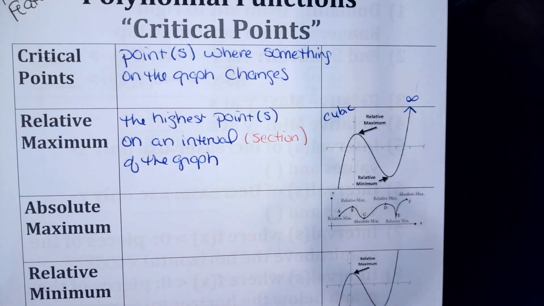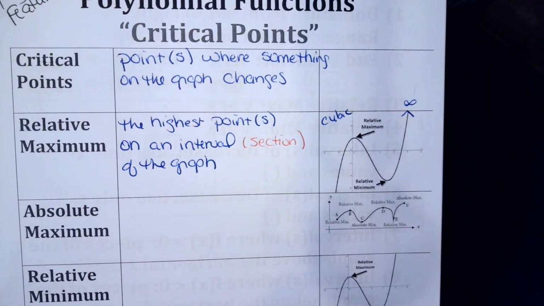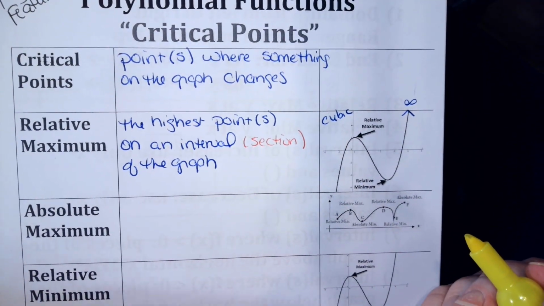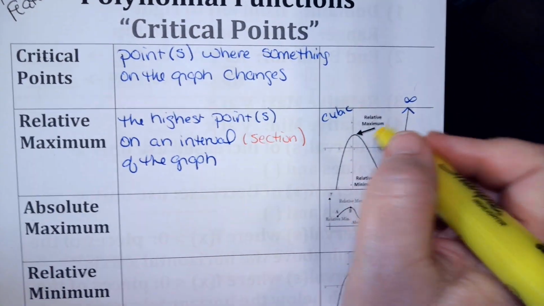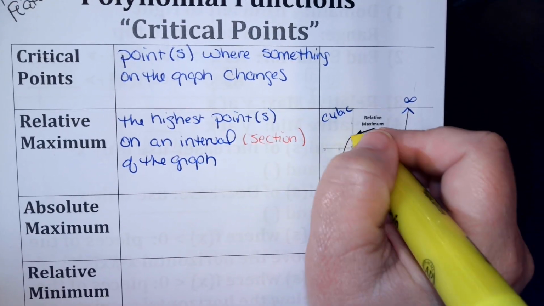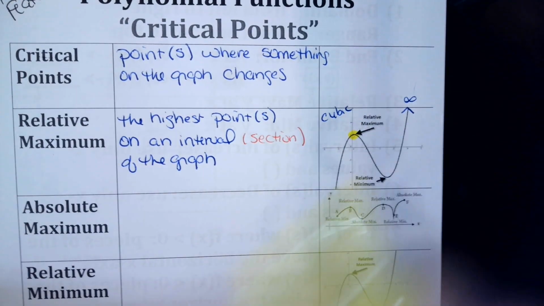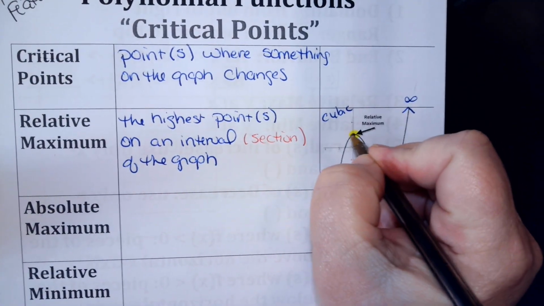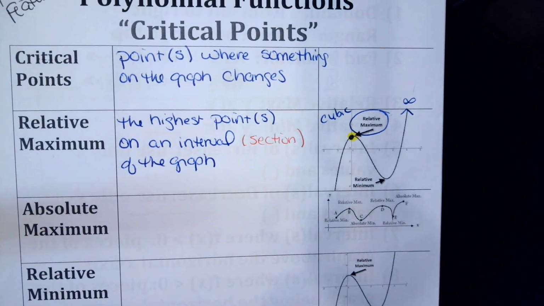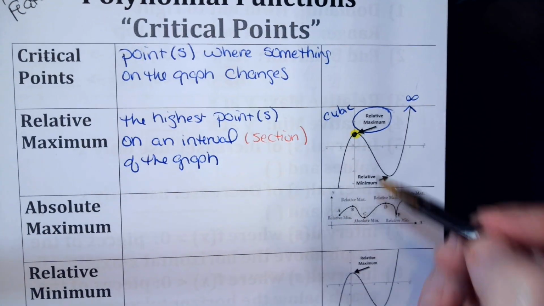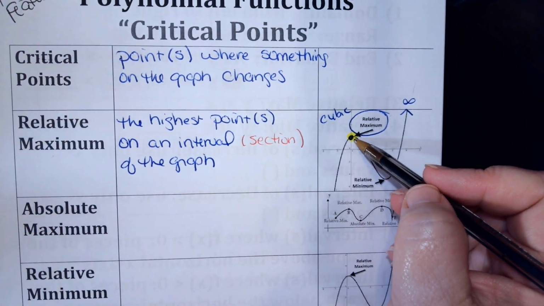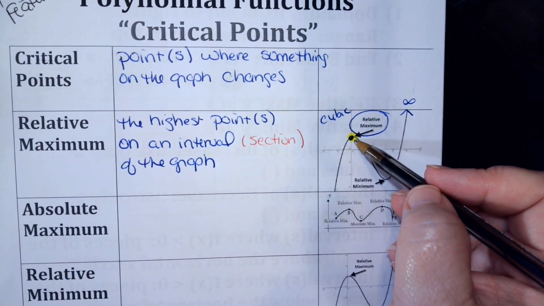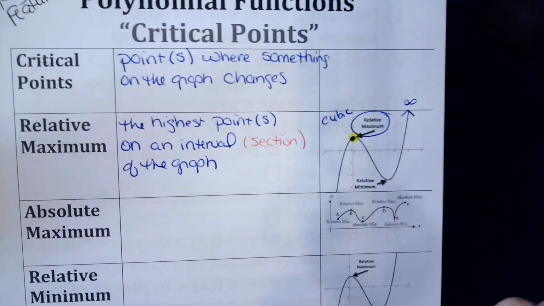Now usually, a relative maximum is going to occur at a vertex. Looking at this section of the graph, this is the highest point of that section. So this is known as your relative maximum. Basically it's the highest point, and you might have more than one.